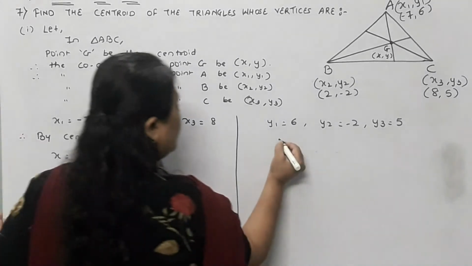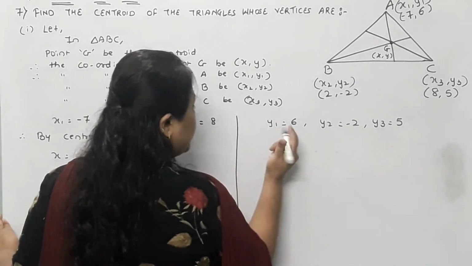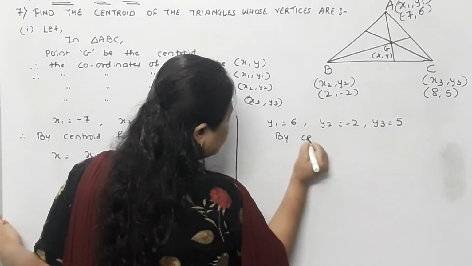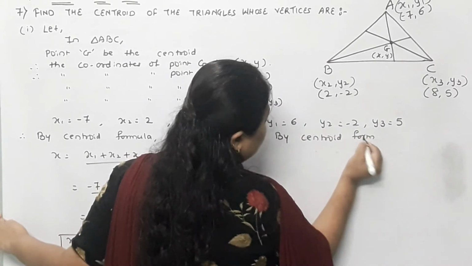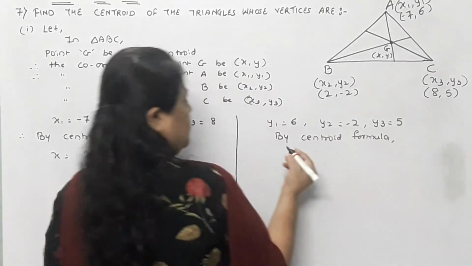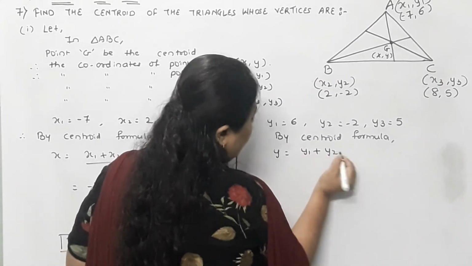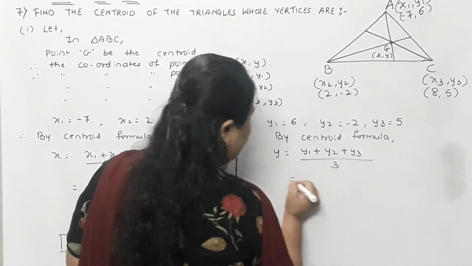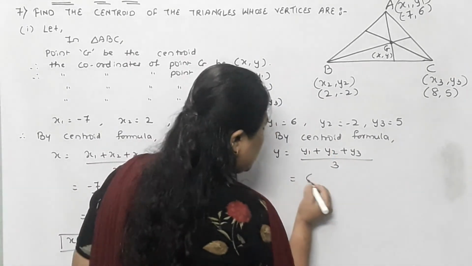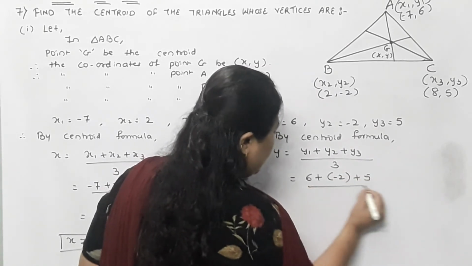Now we will solve for y. Y equals to, again you can write by centroid formula, y equals to y1 plus y2 plus y3 upon 3. So what is y1? 6 plus -2 plus 5.